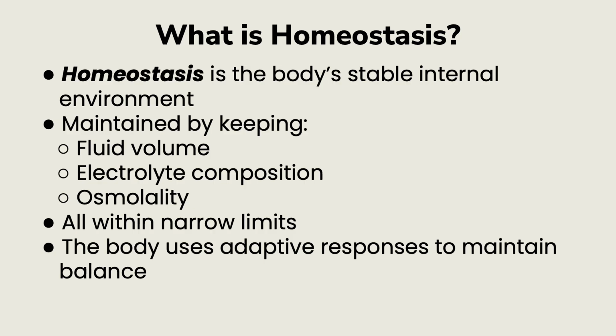For example, if your fluid volume decreases, the body activates the thirst mechanism and the hormone response, which will conserve water. If electrolytes become abnormal, the kidneys will work to restore normal levels, right? Maintaining homeostasis is extremely important for survival because every organ system inside our body depends on a stable environment.